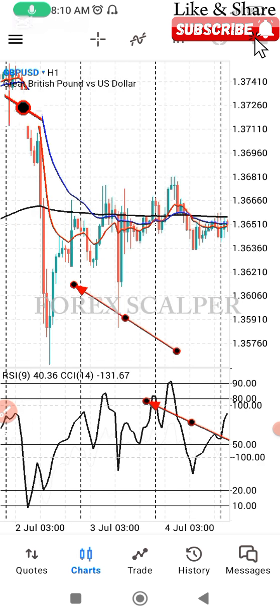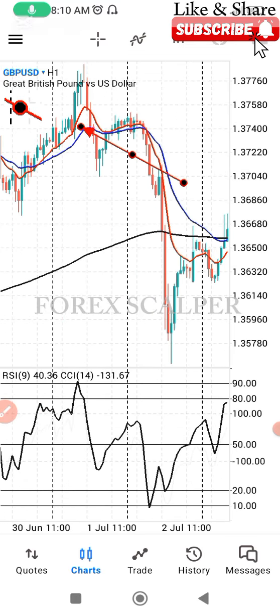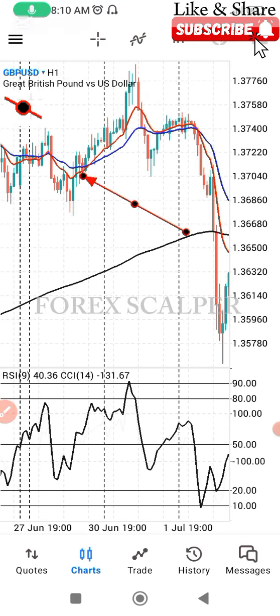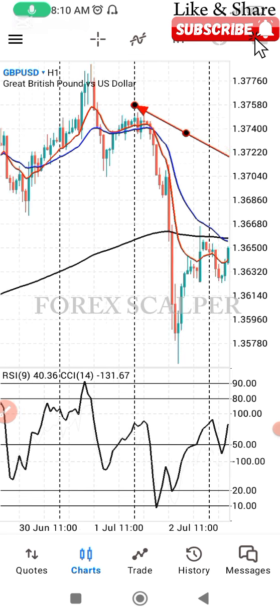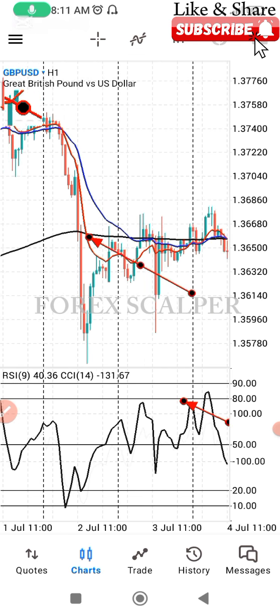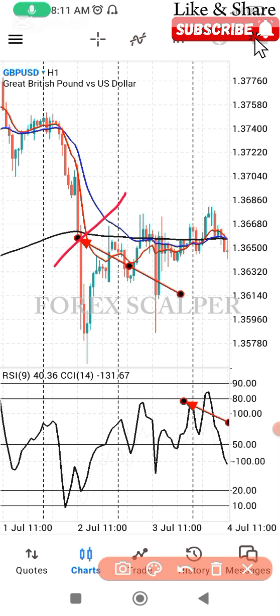Now, when price is above the moving average, you can see that price has been above the 200 exponential moving average, which is this black line. Price is in an uptrend. Now, when price is in an uptrend like this, and then suddenly price crosses the middle Bollinger Band, such as you are seeing here now, we do not yet conclude that we are in a downtrend.